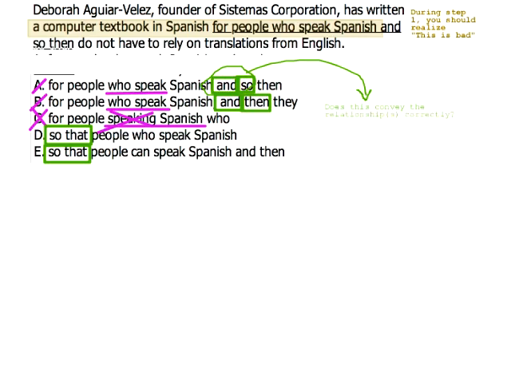So what this says basically is she has written the book, and so people who speak Spanish, and so those people, and they, right, so people who speak Spanish do not have to rely on translations from English.